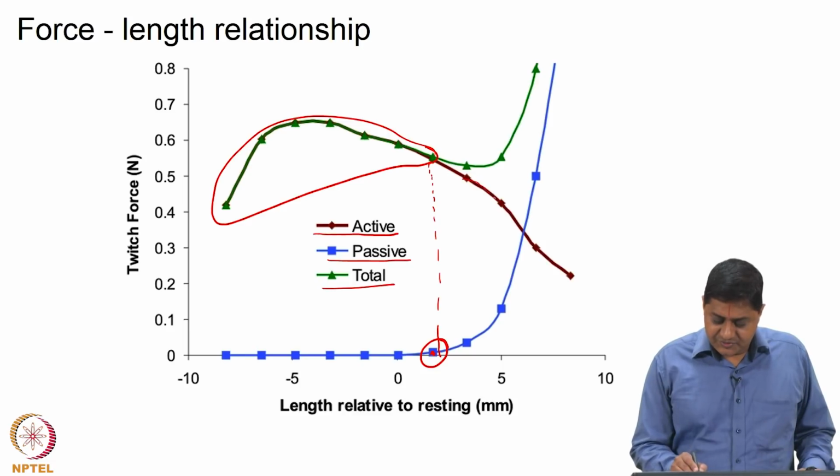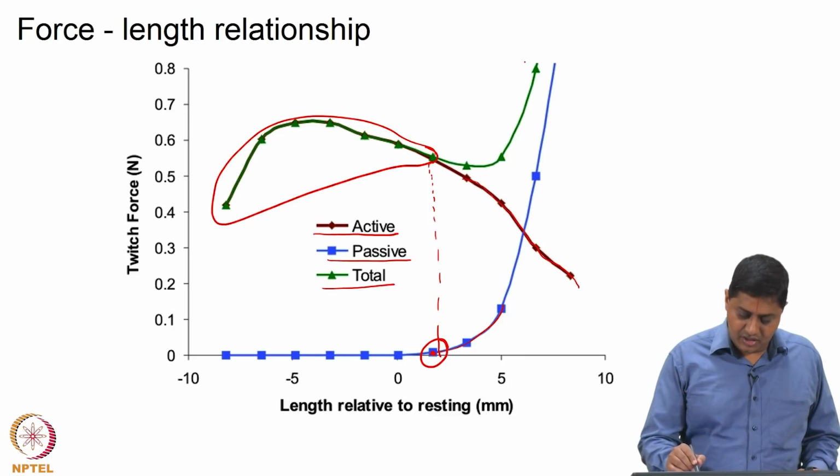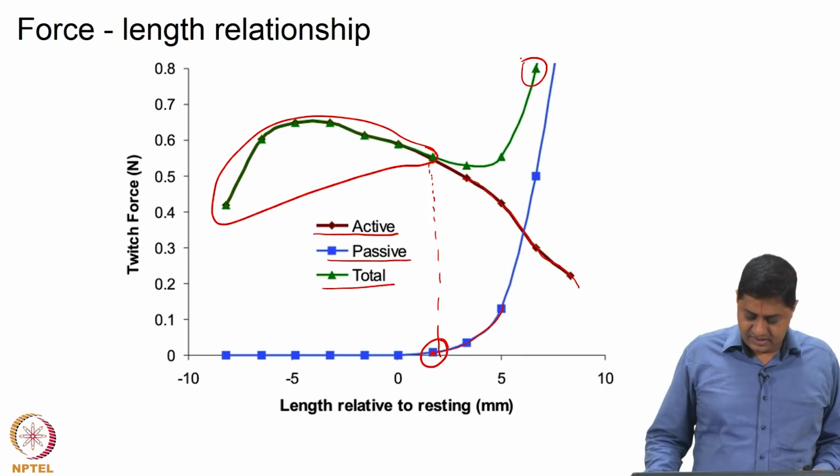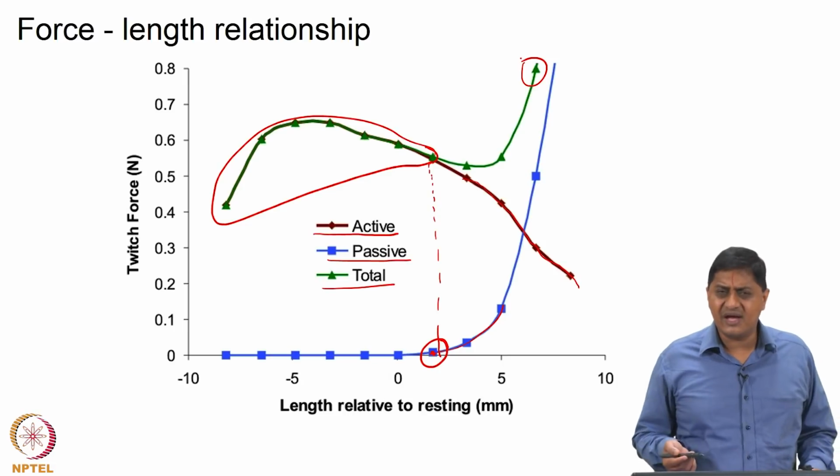There is also active response, but then the active response seems to drop off after some time, then the passive response starts increasing. Combined together, basically there is a relatively strong resistance beyond a particular length, right. Beyond an acceptable length, there is going to be a great resistance, which is basically a combination of both active and passive resistance. What do we mean by active resistance?